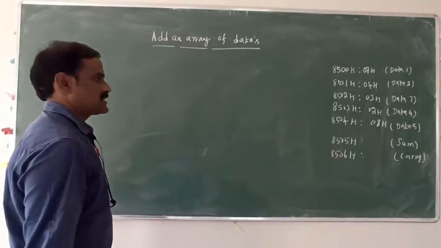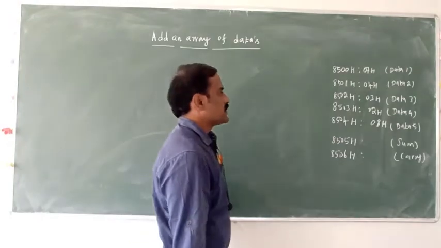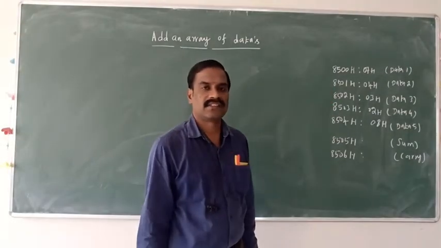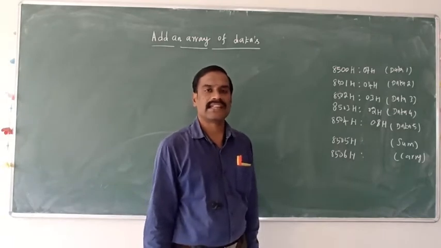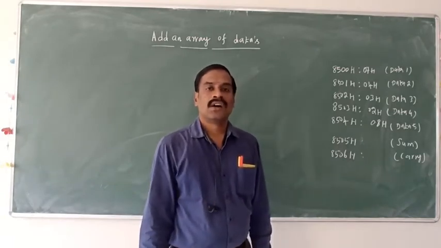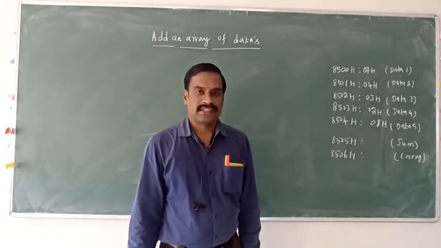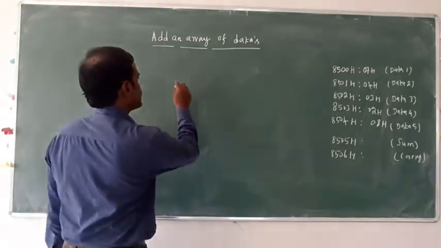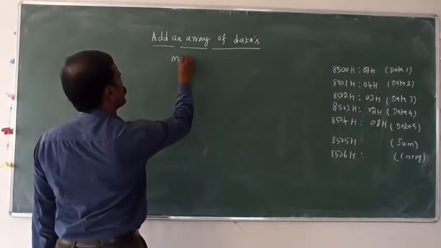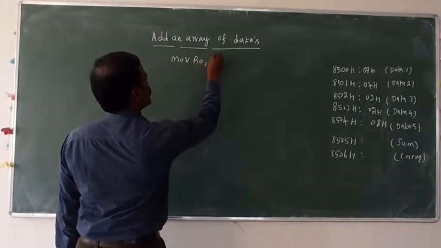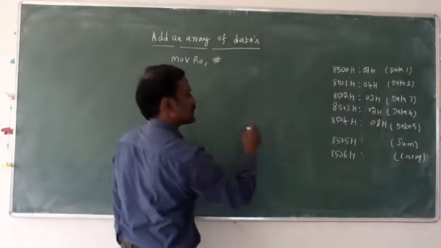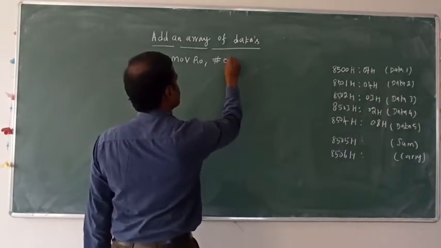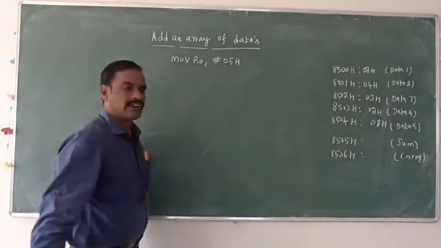Okay. First we have to initialize the number of data. That is called the counter. We fix any one register, suppose MOV R0, #number of data. For 5 data we fix the counter value 05.